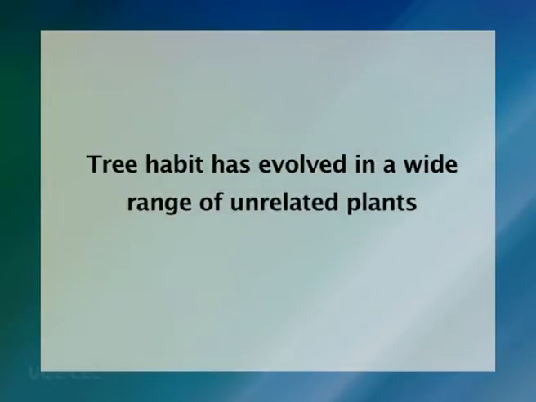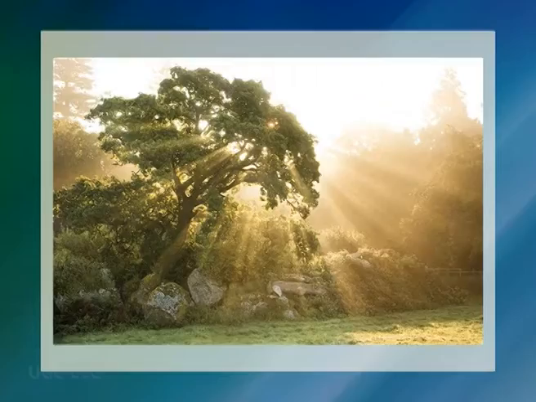Tree habit has evolved in a wide range of unrelated plants. It really provides a superb example of convergent evolution, mainly for the purpose of gaining height to get maximum light by the plants.